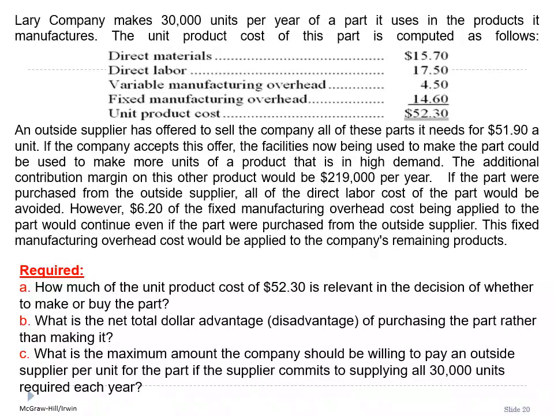What is the maximum amount the company should be willing to pay an outside supplier per unit for the part if the supplier commits to supplying all 30,000 units required each year?